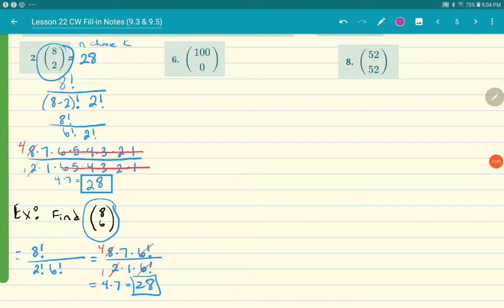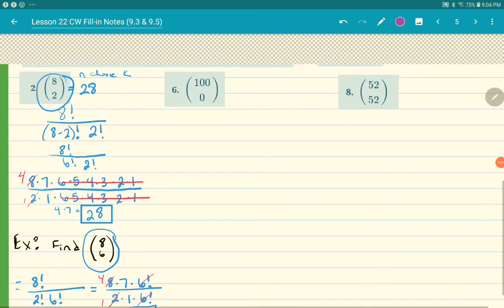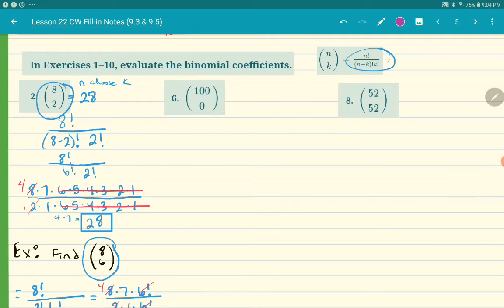Okay, there's 2 ways to do 6. One, we can use the formula. The formula always works. Or you can think about it. If I had a group of 100, how many ways can I choose 0? Well, let's do the formula. So here's my formula. N factorial is 100 factorial. N minus k, that's 100 minus 0, which is also 100. And k is 0.